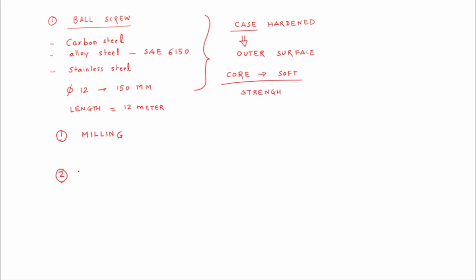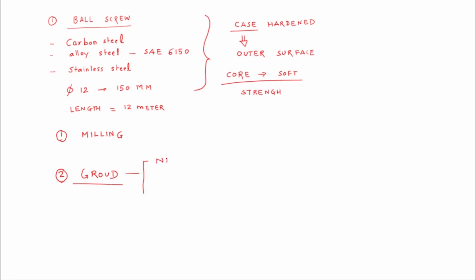The second is the ground, or the grinding. In this operation, we are generating the near shape of the helical groove by using the milling operation itself.